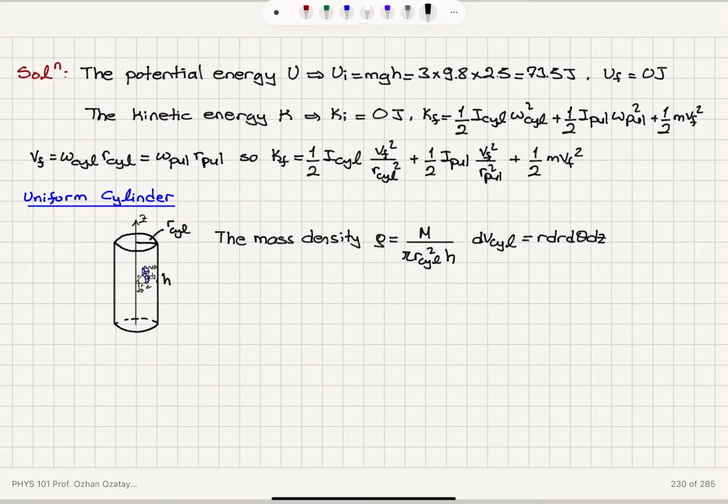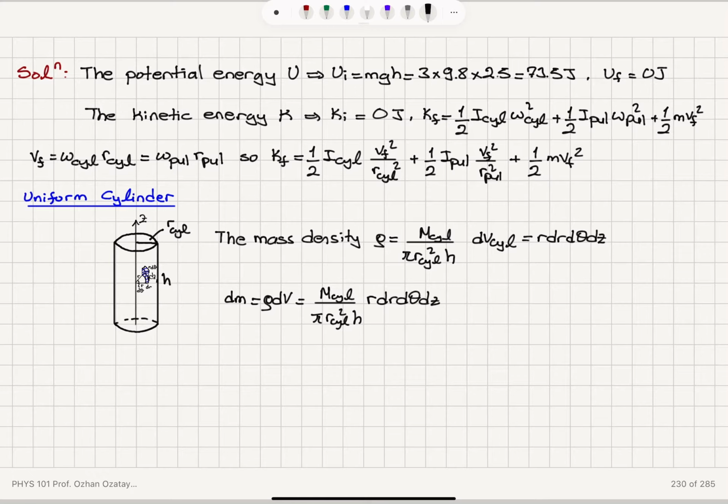So this differential element will have a mass dm, which is equal to rho dv, which is the mass of the cylinder divided by pi r cylinder squared times h, the mass density, multiplied with the volume r dr d theta dz.